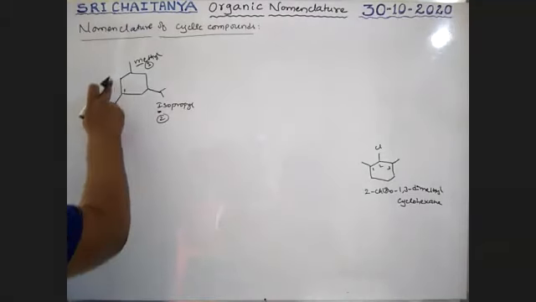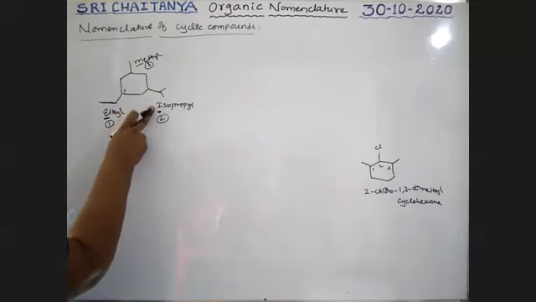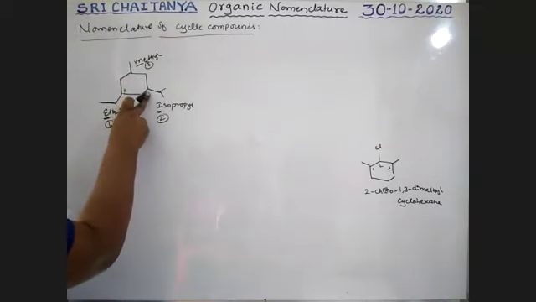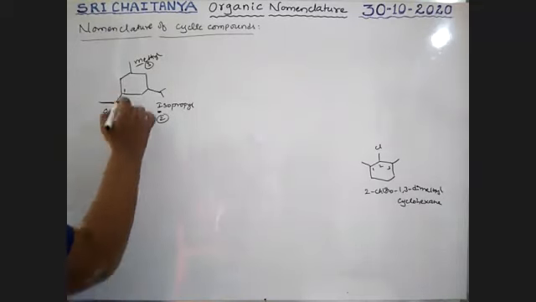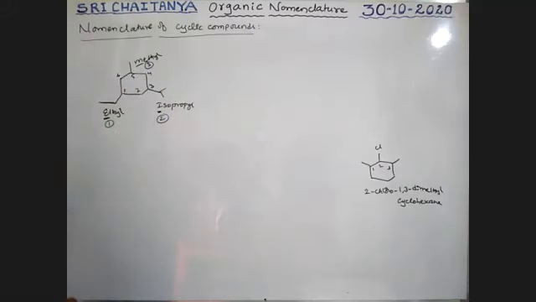So first 1, 2, 3, 4, 5, 6. Numbering one way, the second substituent is at the fifth position, and the other way, it is at the third position. Therefore, our order is 1, 2, 3, 4, 5, 6. This is the order, my dear boys.